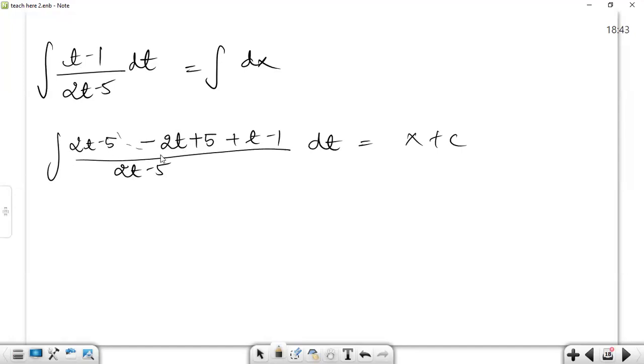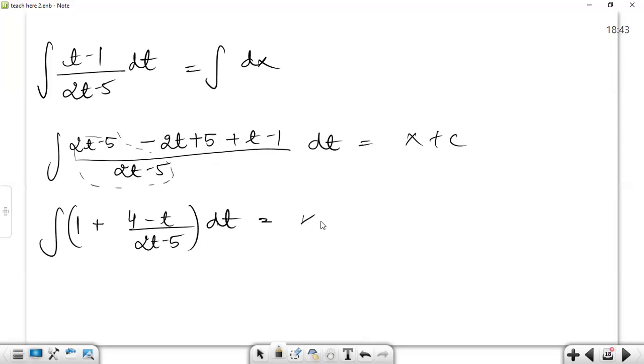So now let's separate this, and we can write integration of 1 minus, and this will become 5 minus 1, 4, so 4 minus t upon (2t minus 5) into dt is equal to x plus c. Clear? Yes, sir.